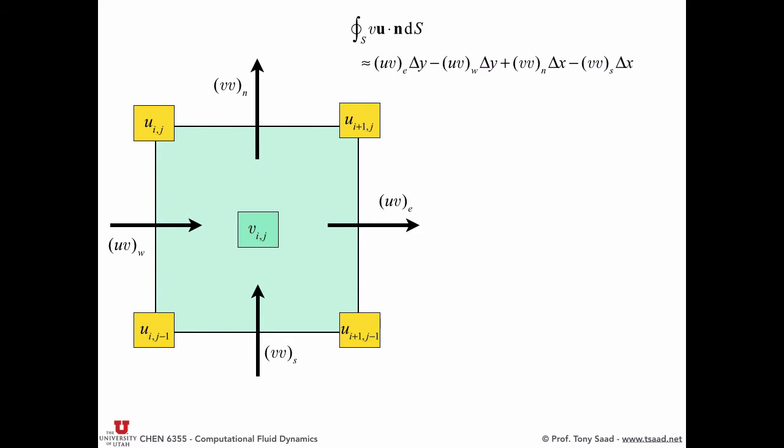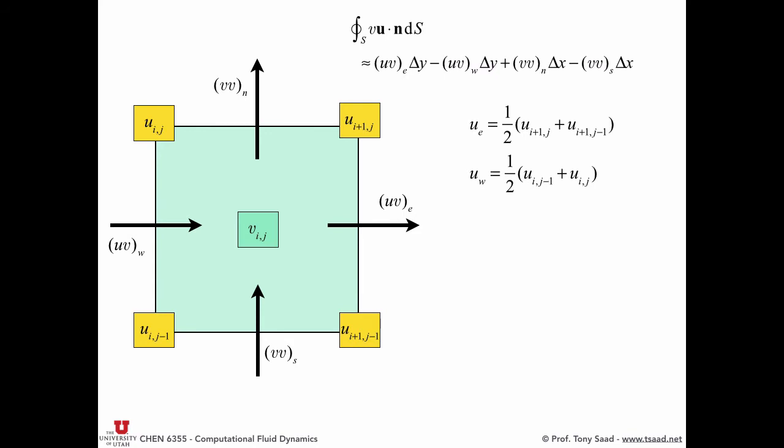This is U east, lives over here. Yes, these two guys. It's the average of these two guys. What about U west? Average of these two guys, right? It's Uij plus Uij minus 1 over 2.